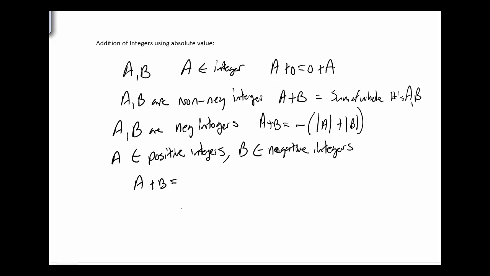So if, for example, the absolute value of a is greater than the absolute value of b, so I've got one number clearly bigger than the other, then I can switch the order around.